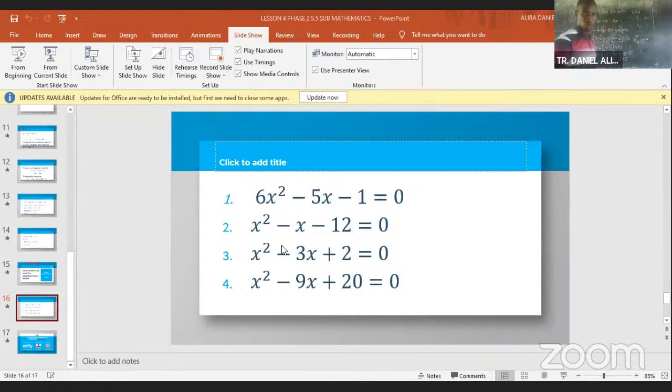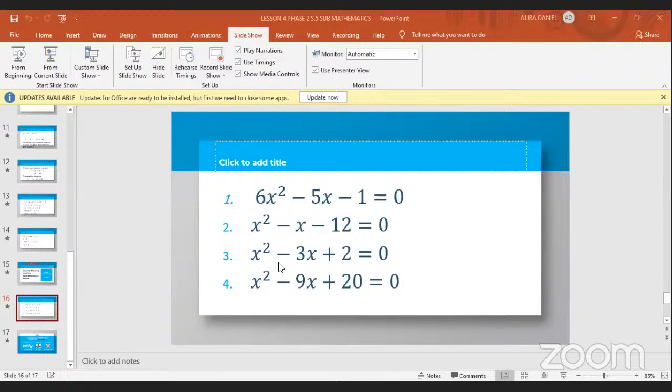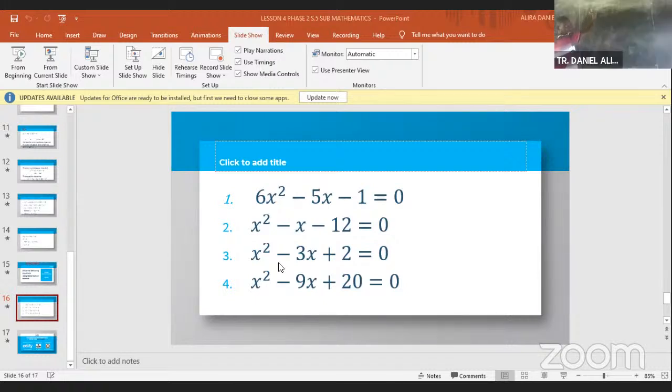I will solve x squared minus 3x plus 2 equals 0.